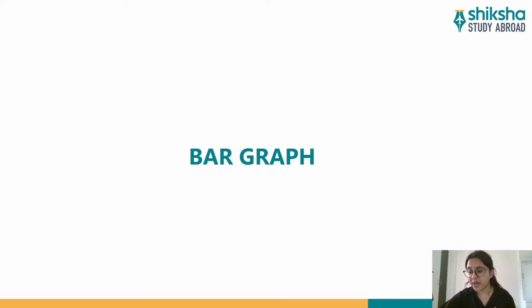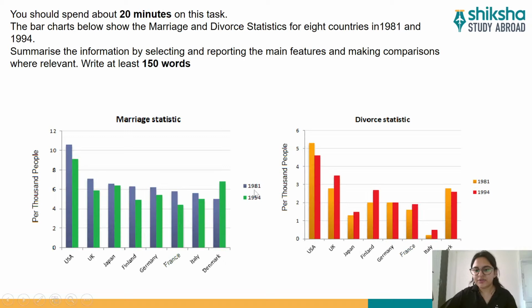Let's talk about bar graph now. So bar graph basically looks like this with the x and y axis and certain trends and divisions given to you in the form of the bars. Okay, so the question might look like this: you should spend about 20 minutes on this task.